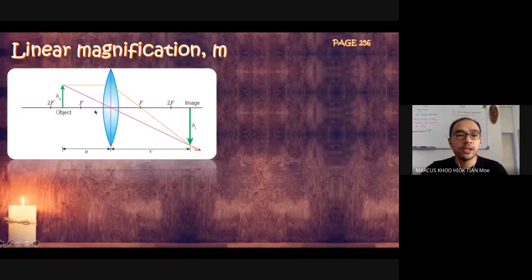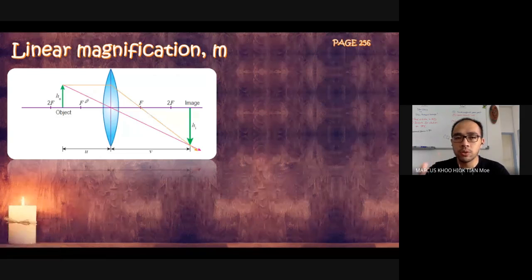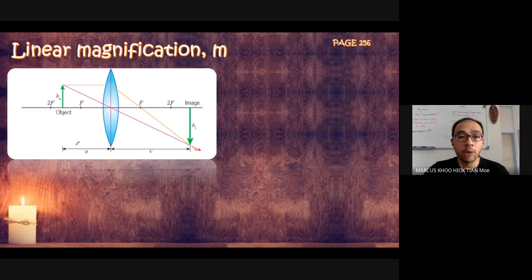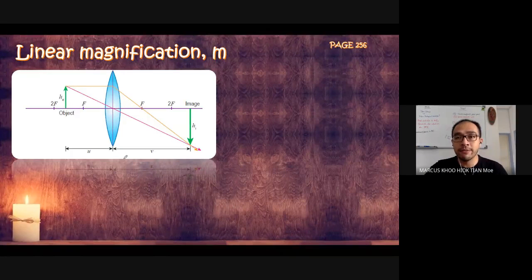Okay, thank you. As I was saying, when we were studying this, I introduced to you two very important things. We talked about the object height and the image height, and we also talked about the object distance, which is given by the letter u, and the image distance, which is given by the letter v.